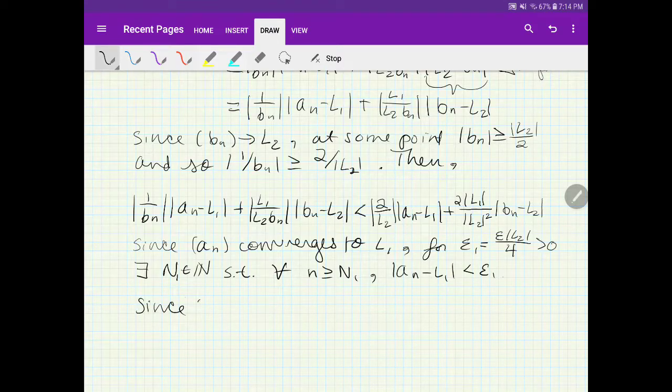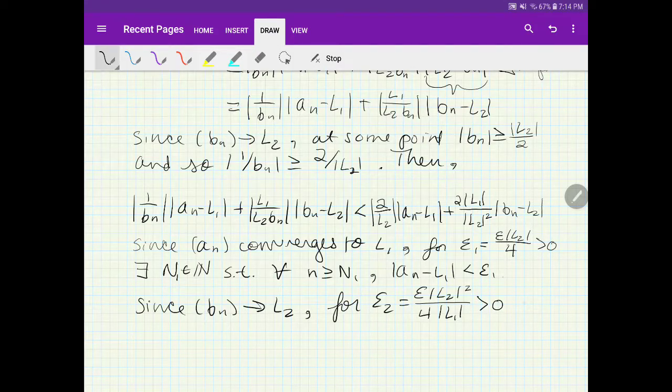Similarly, since b sub n converges to L2, for epsilon 2, which we set equal to epsilon L2 squared divided by 4L1, greater than 0, there exists some n2, which is an element of the natural numbers, such that for all little n which are greater than or equal to n2, the absolute value of b sub n minus L2 is less than epsilon 2.